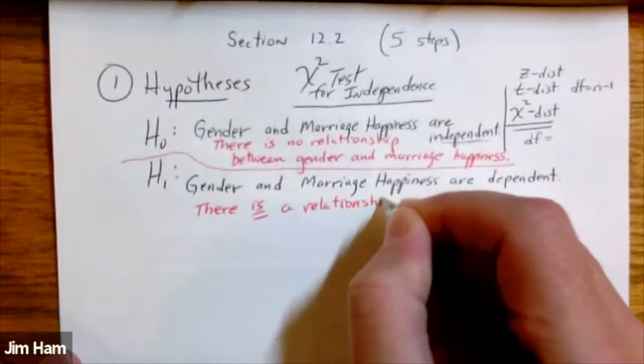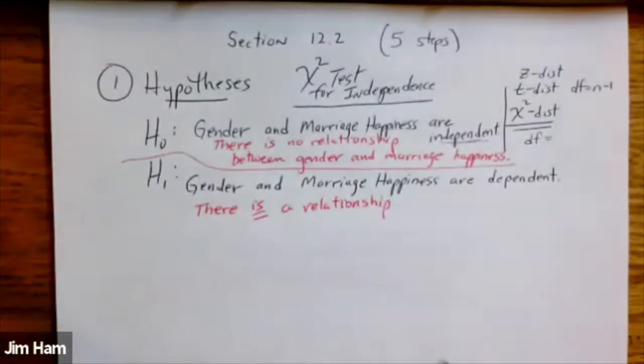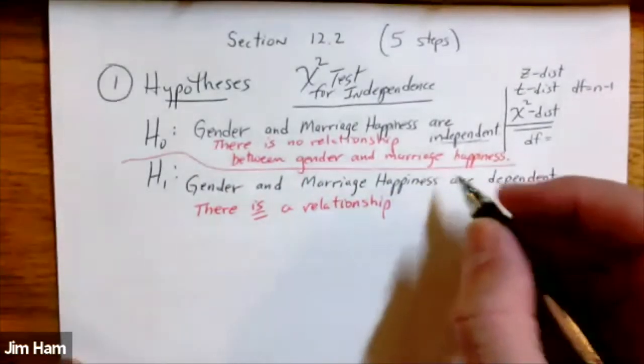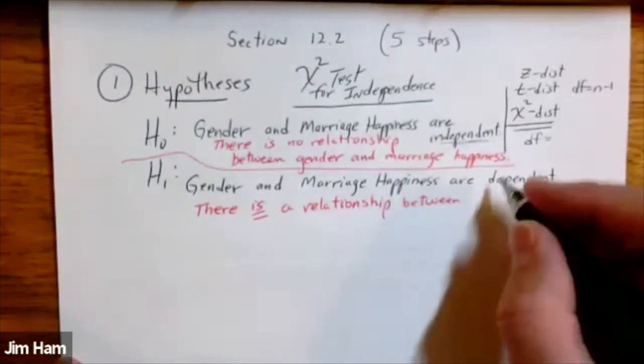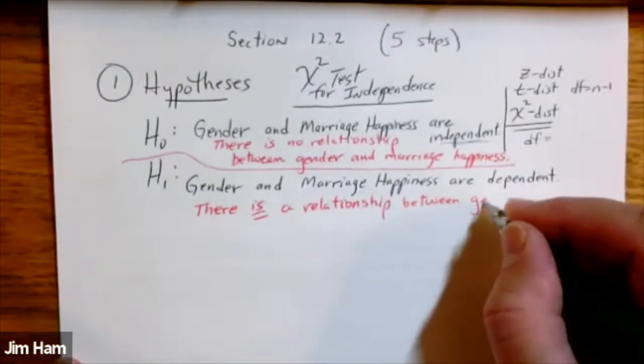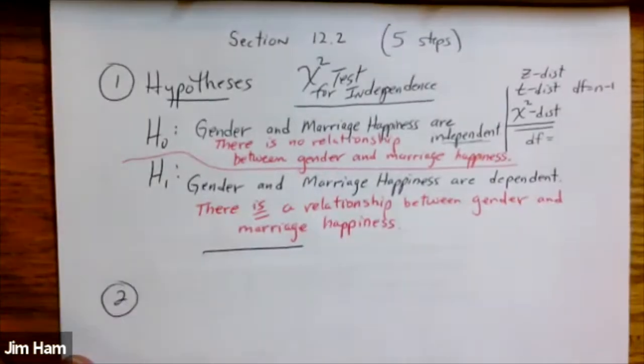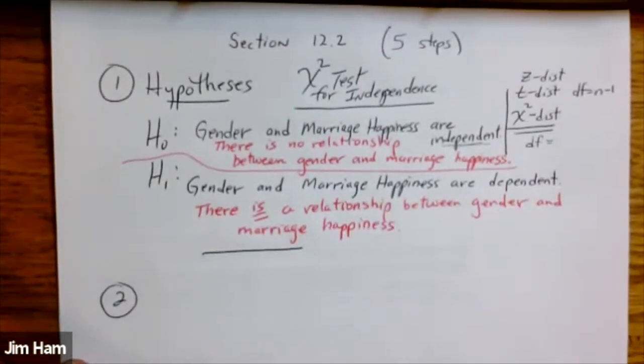Now, this is another one of those tests that says there's a relationship, but it doesn't go on to say what that relationship is. We have to look at the conditional proportions to identify what the differences are. All right, there's no variables to define here because we're not using variables. That's one of the things that we're not going to have to do.